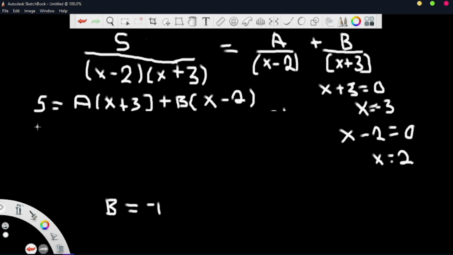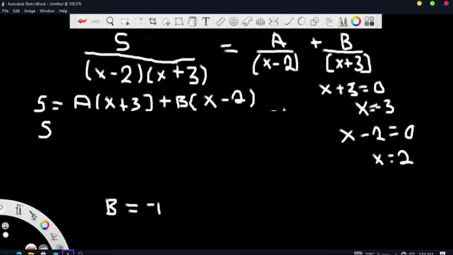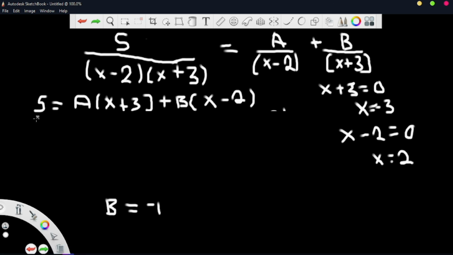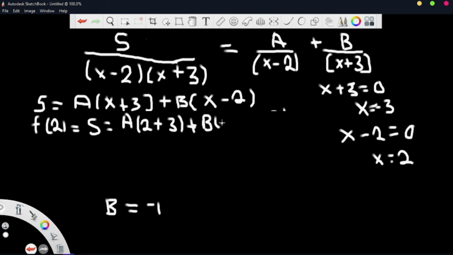Now that my x is 2, I can replace, and I can say my f of 2 is equal to 5, which is equal to a times 2 plus 3, plus b times 2 minus 2.